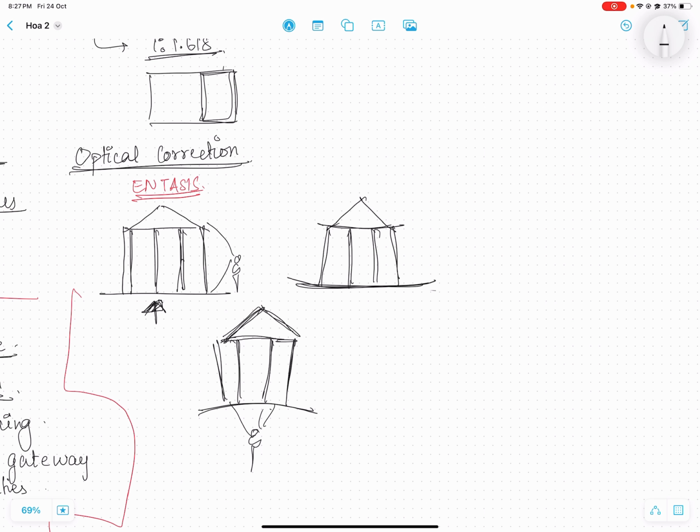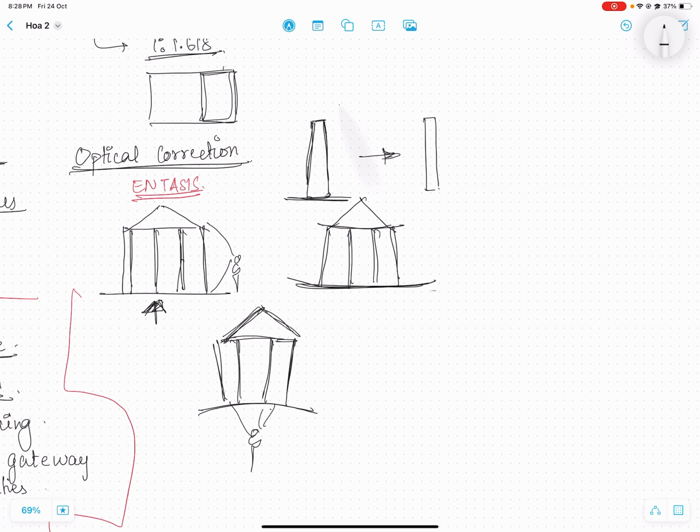And it was not just used in the entire elevation, but it was also used in small elements like the columns. So what the Greeks did is they made the lower half of the columns wider, so that when looked at, it looks like a straight shaft.